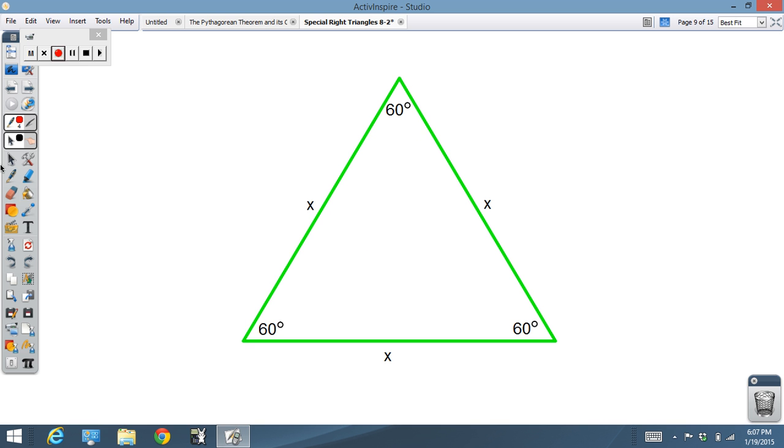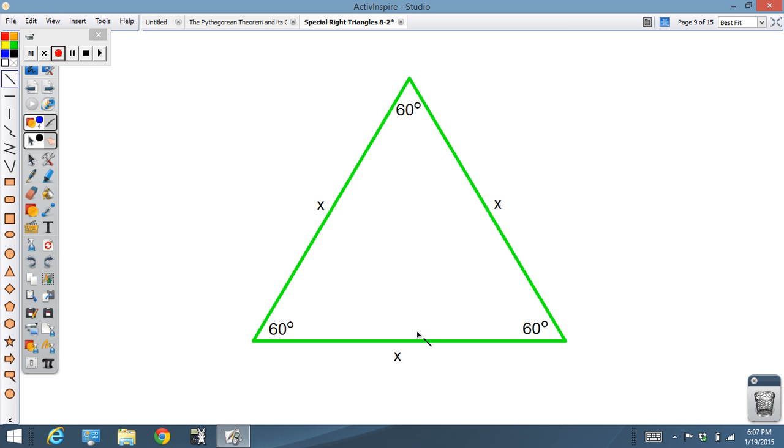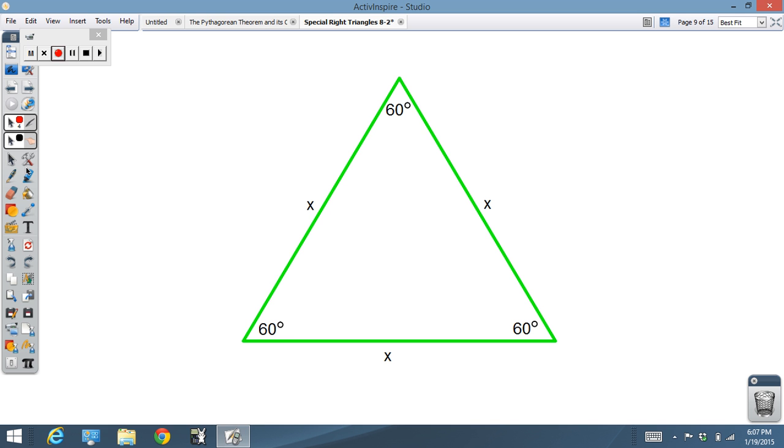For 30, 60, 90, we're going to look at an equilateral triangle. Now what we know about equilateral triangles is that every one of the angles has to be 60 and every one of the sides has to be the same, and I'm just calling it X for the time being, okay?